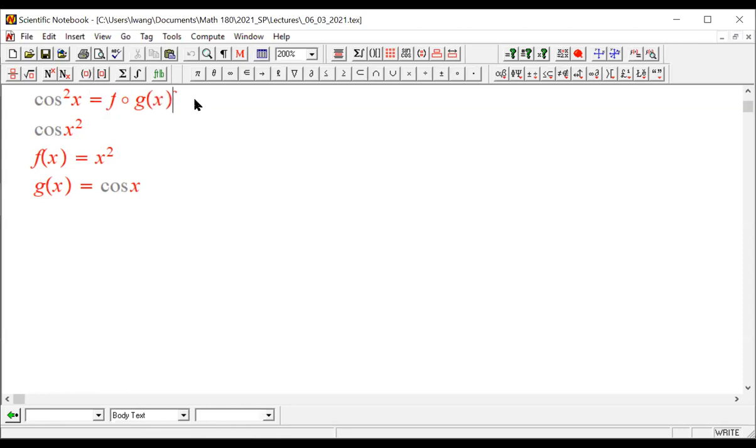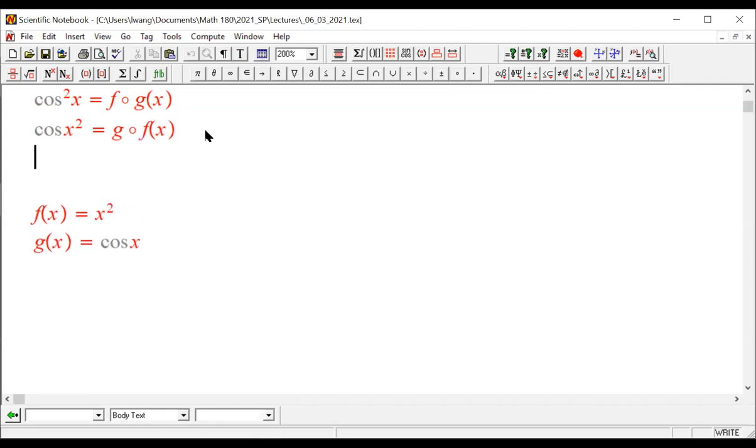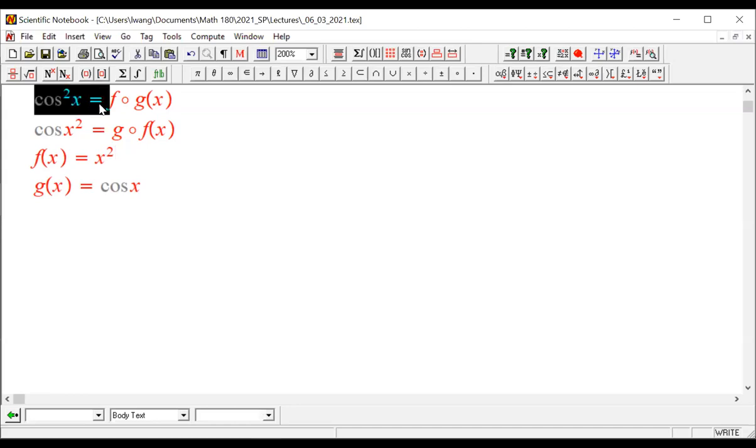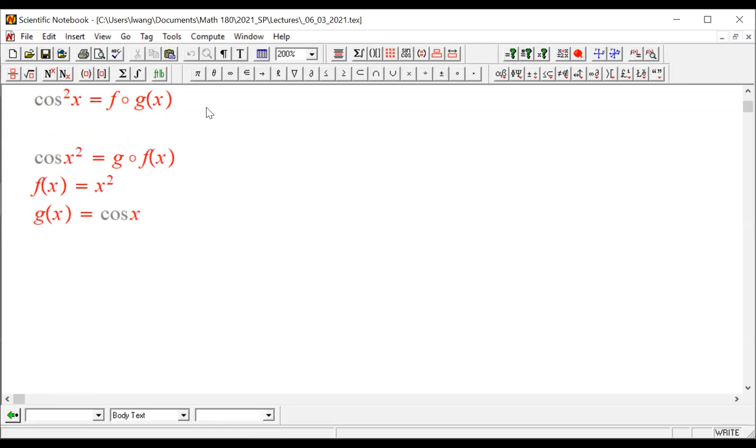And this one is g composite f. Are you following me? We did those exercises; you can go back there. So is the end result the same? Of course it's not the same, right?